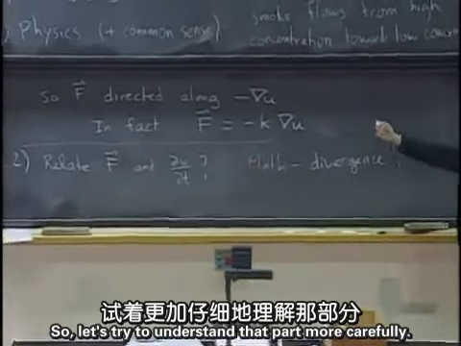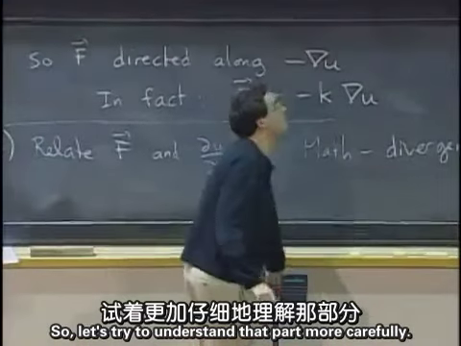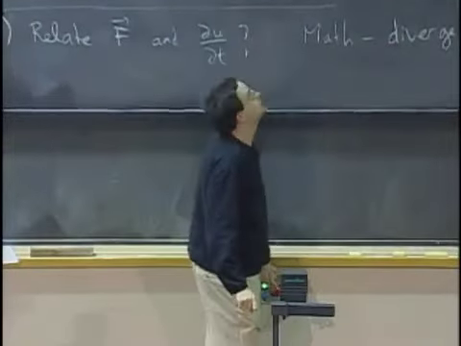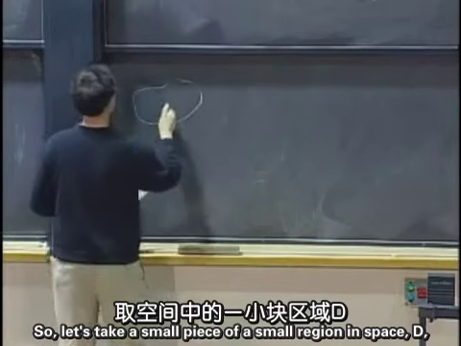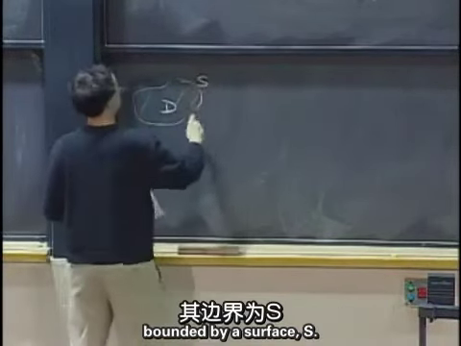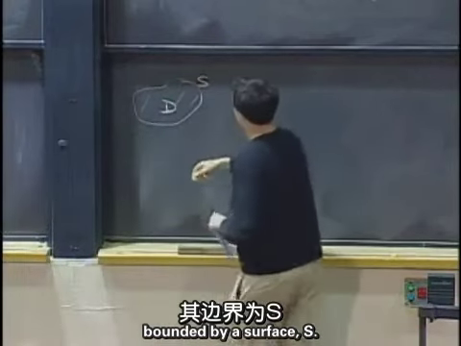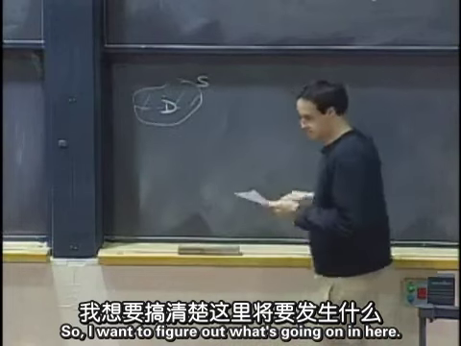So let's try to understand that part more carefully. Let's take a small region in space, D, bounded by a surface S. Okay, so I want to figure out what's going on in here.